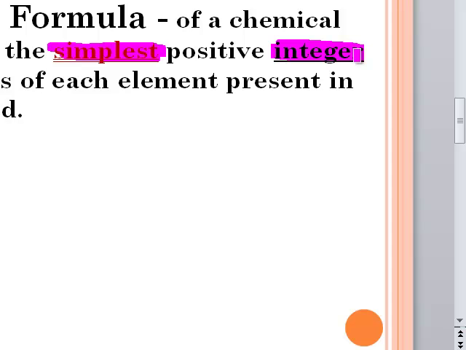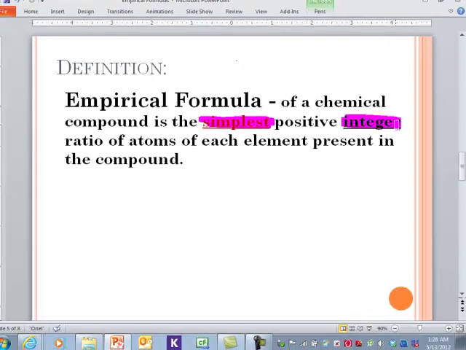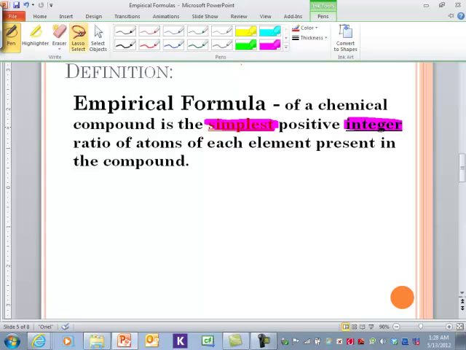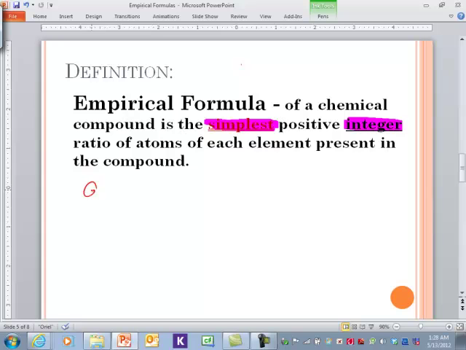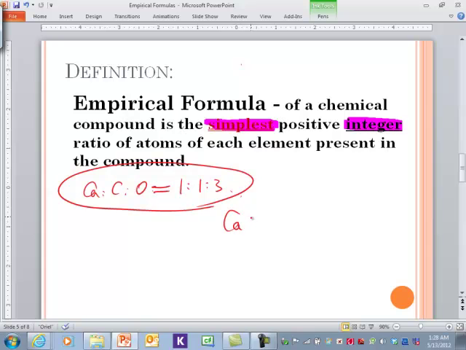In the previous example we used, calcium carbonate, you did have the ratio between calcium, carbon, and oxygen of 1, 1, 3. Hence, the empirical formula is CaCO3.